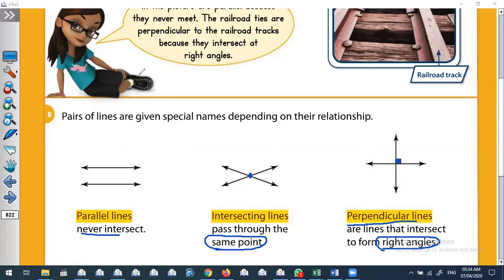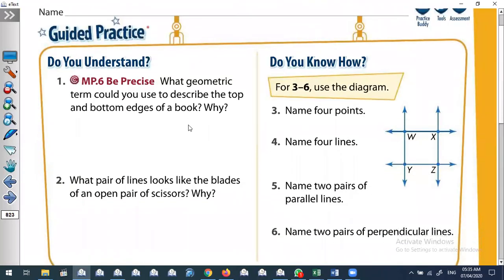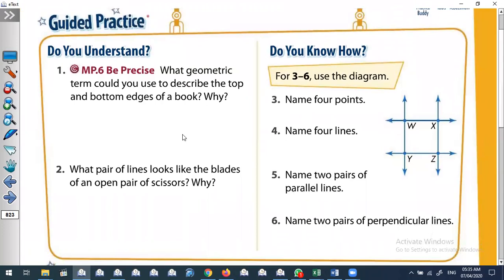Let's see our exercise to understand this part well. The first one: what geometric term could you use to describe the top and bottom edge of a book?